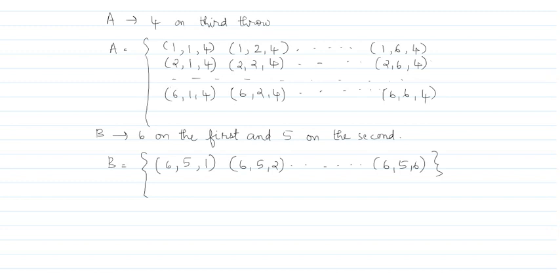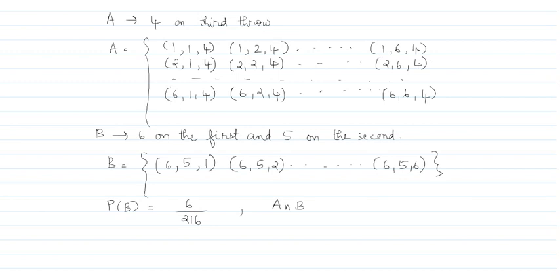Now, what would be the probability of B? The probability of B would be there are 6 different outcomes out of the 216 outcomes, only 6 favor the event B. Now, is there something which favors both A and B?